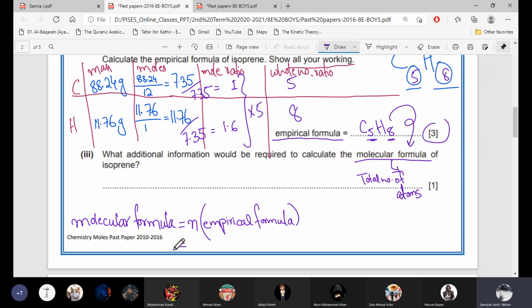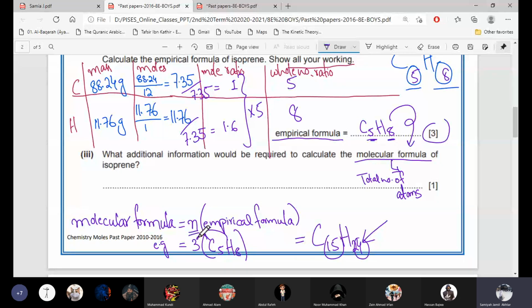For example, let's take N as 3. Then 3 brackets, you will write the empirical formula C5H8, and multiply the 3 with both of them. So the molecular formula will come out as C15H24. This will be your molecular formula, which tells you the exact number of atoms present in a compound. That's how you calculate.